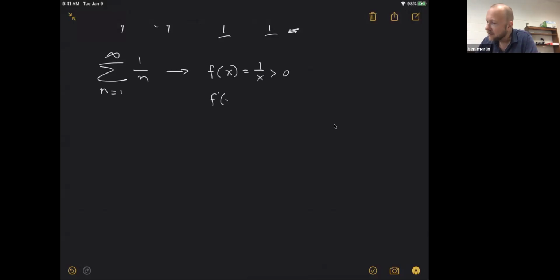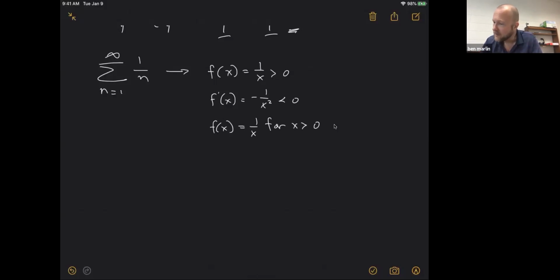And because f prime of x is negative 1 over x squared, which is going to be negative, that means we've got a decreasing function. But then further, because f of x equals 1 over x is continuous for all x greater than 0, we've got all of the conditions that we need to actually apply the integral test.